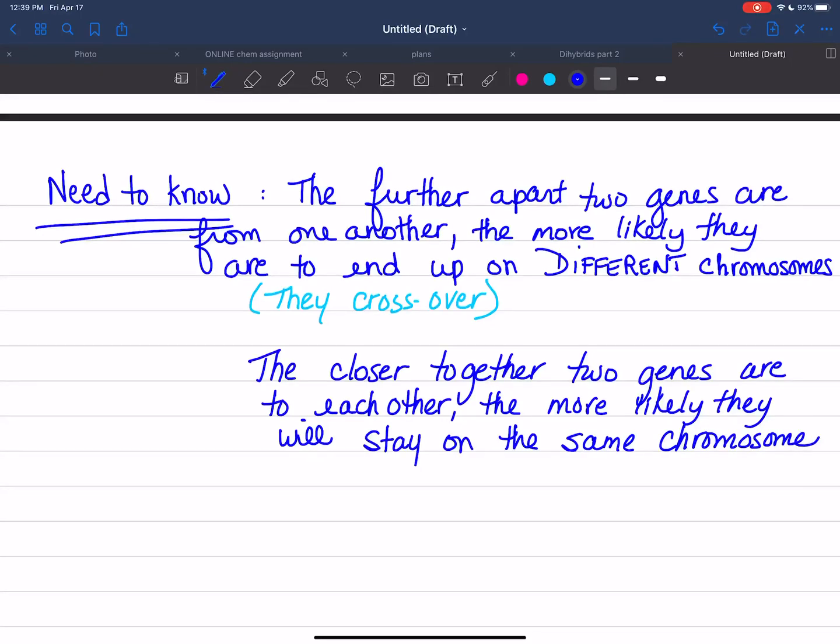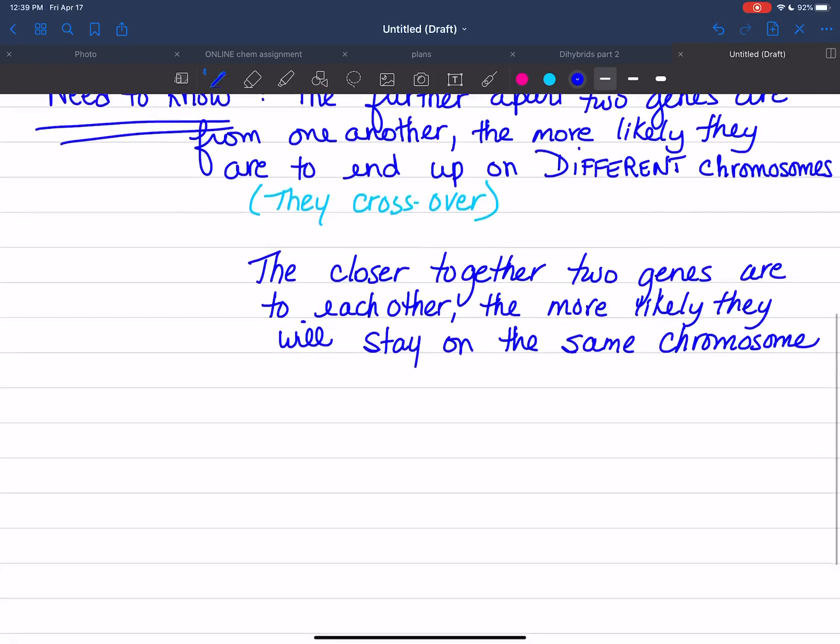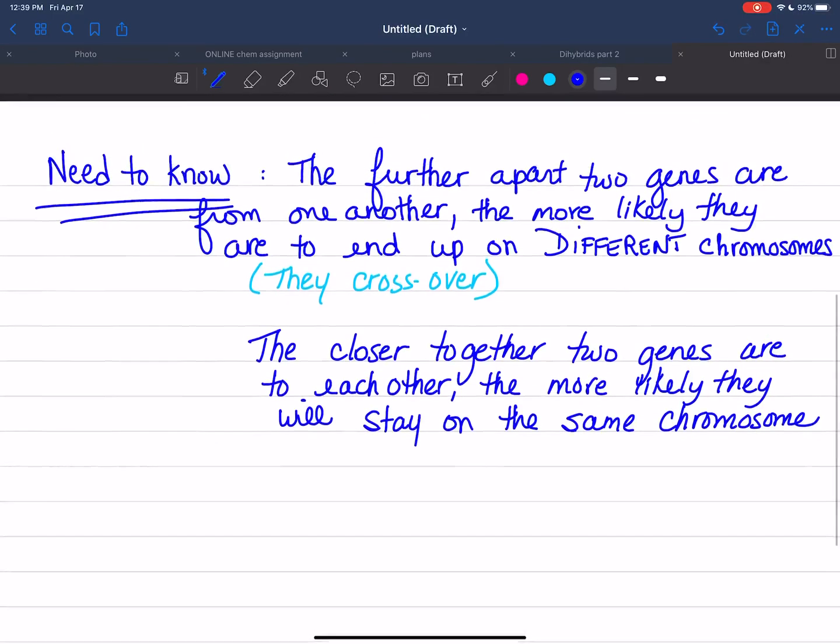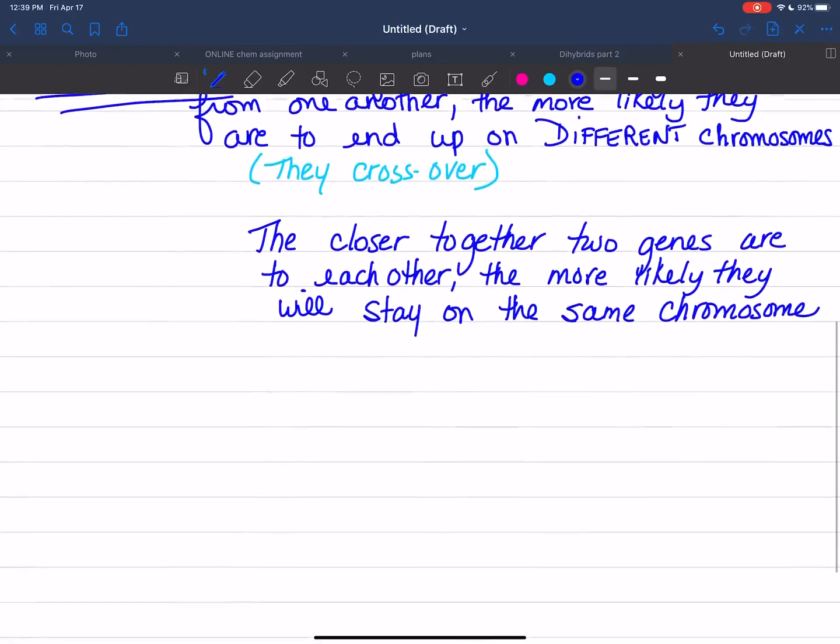So two scenarios here: either they don't cross over, they stay, or if they do cross over, they cross over together. Okay, so they're BFFs, they want to stay with each other, right? So that's the things that you do need to know. Why do you need to know this?